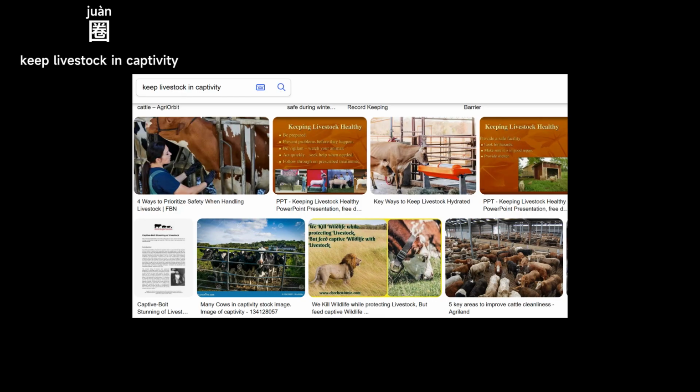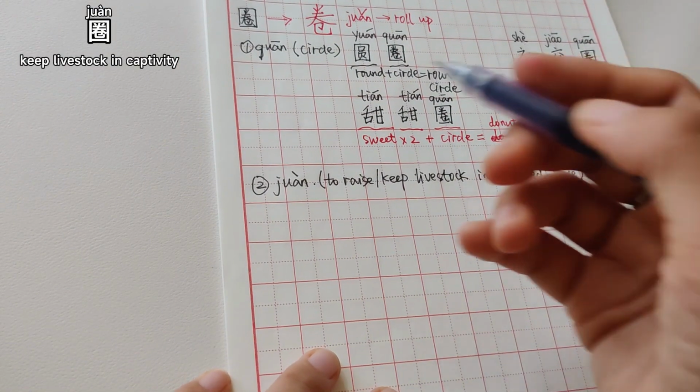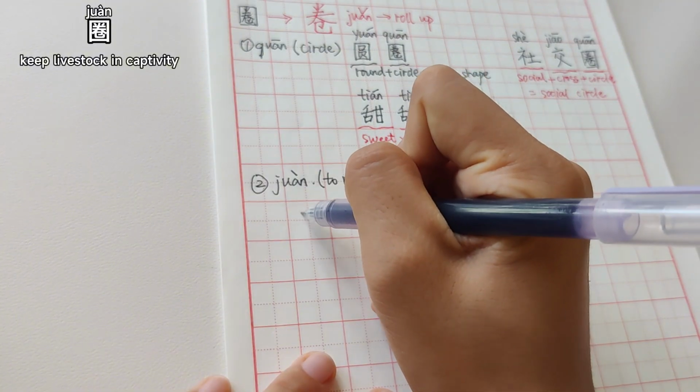Just like what I showed in the picture, to raise or to keep the cow or sheep or pig in a closed place. So to say 圈, we have a word for it.